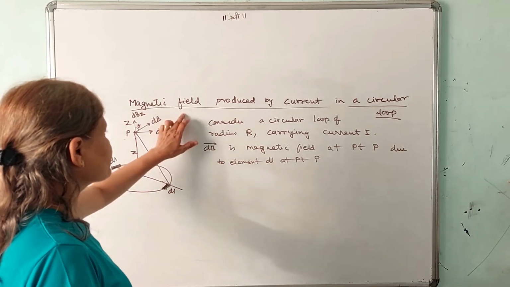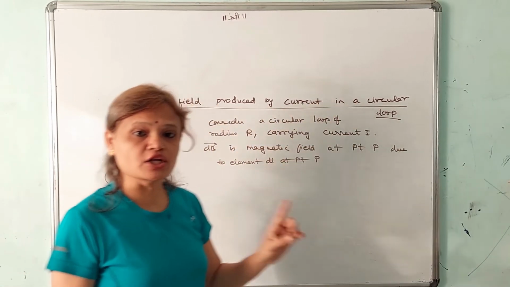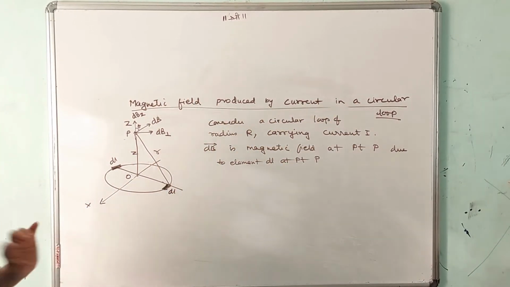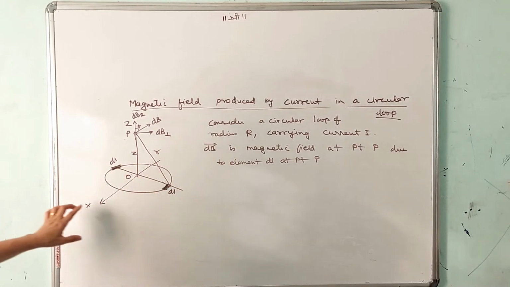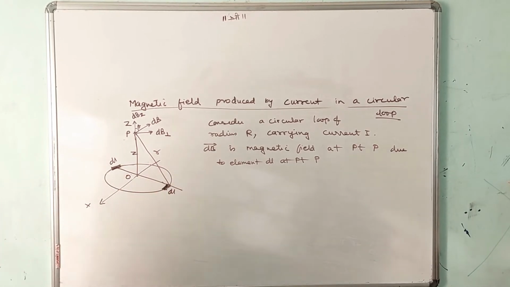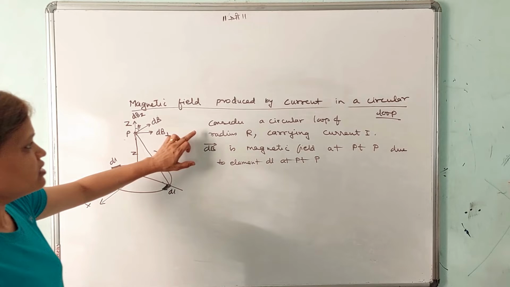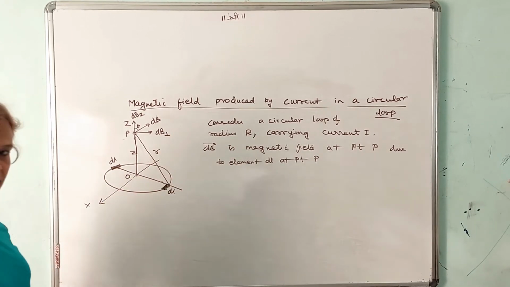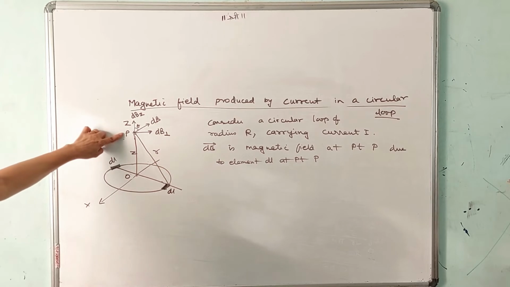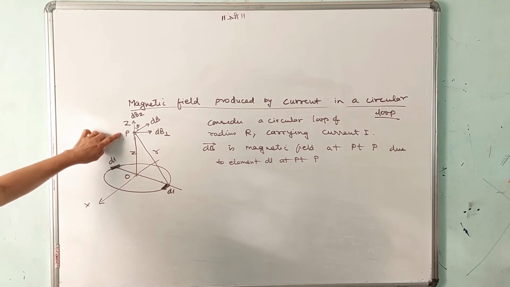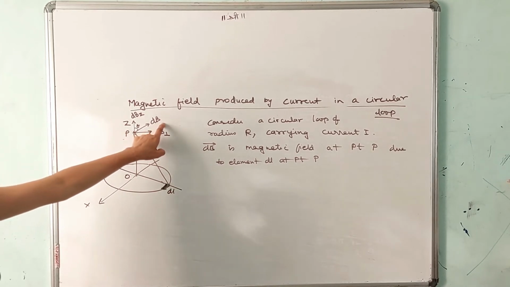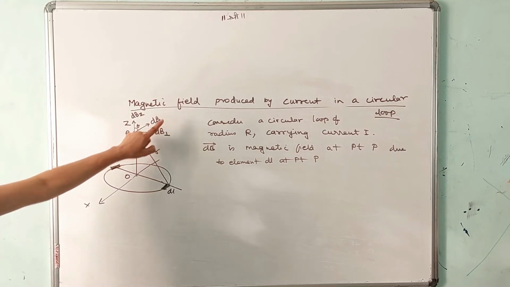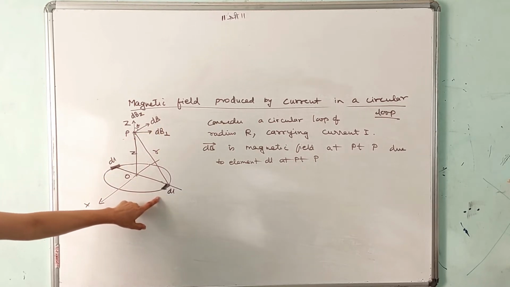Next derivation is magnetic field produced by current in a circular loop. So we have considered a circular loop in 3D x, y, z, with radius capital R, carrying current I. Now this is a point P, and at this point dB is the magnetic field due to the current element dl.